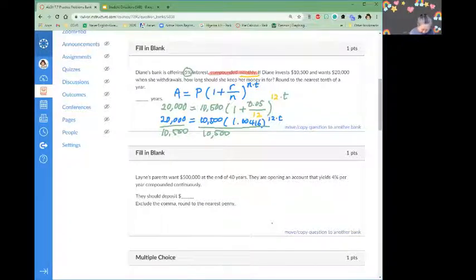Okay, then next step, the division on the left-hand side will give you 1.9047, and now it's 1.00416 raised to the power of 12 times t.